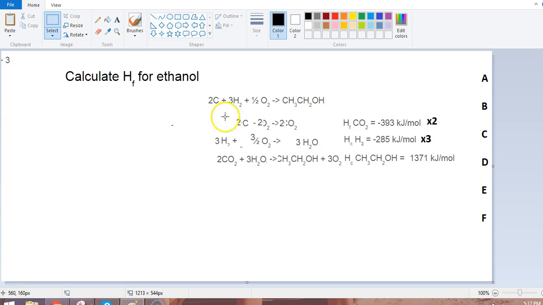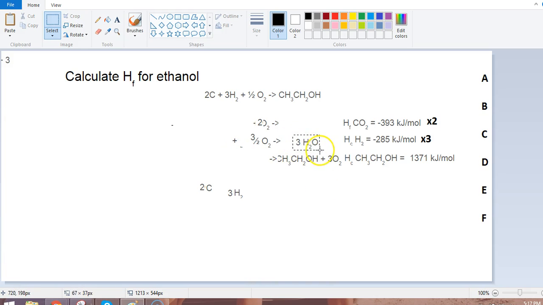So let's take a look if these 3 equations add up to my overall equation up here. So I've got 2 C's. I've got 3 H's. Now this CO2 here is going to cancel out with this 2 CO2 here. And these 3 waters are going to cancel out with these 3 waters.